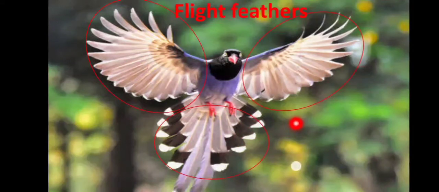And these help them to fly. Feathers in the tail are also called tail feathers, and they help the bird to keep the direction properly when they are flying.